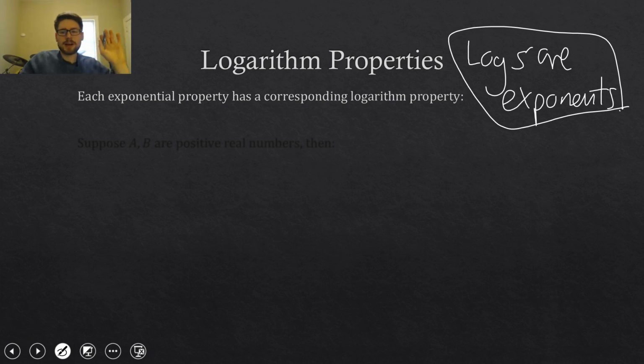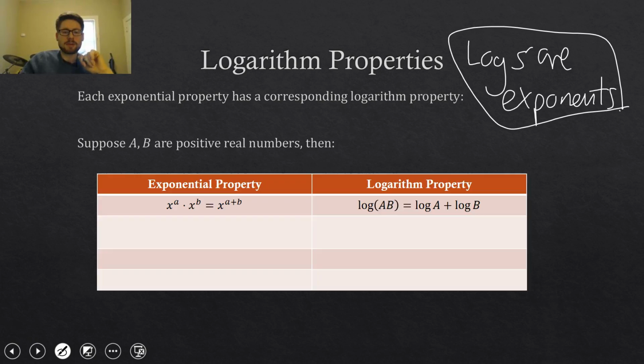Okay, so I'm going to go ahead and start diving into what these log properties look like. We're going to start off with a and b, capital A and B being positive real numbers. x is our base, x can be any positive number, and little a and little b.